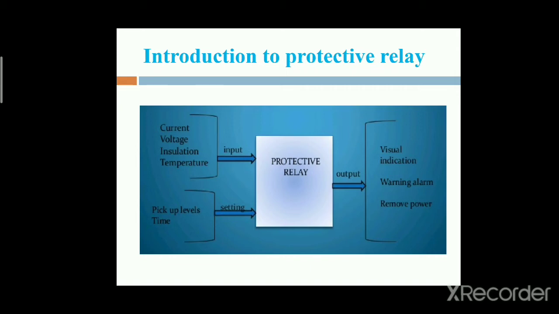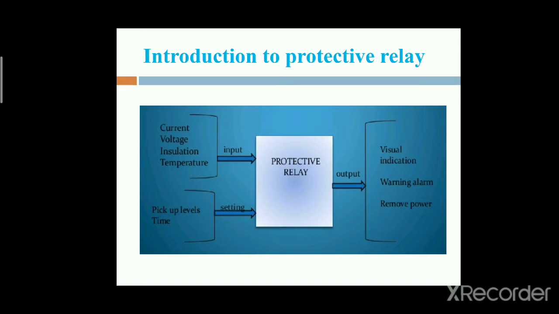What is the input for that relay? It is the current or voltage, and insulation temperature. Next, what is the output for that relay? The output is the alarm signal, a visual indication or warning alarm.